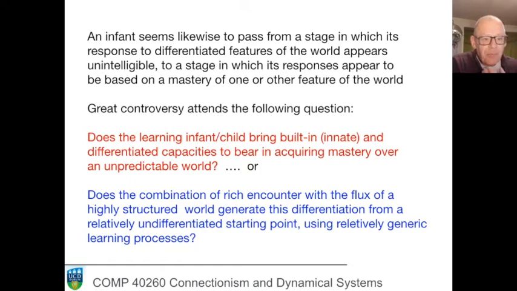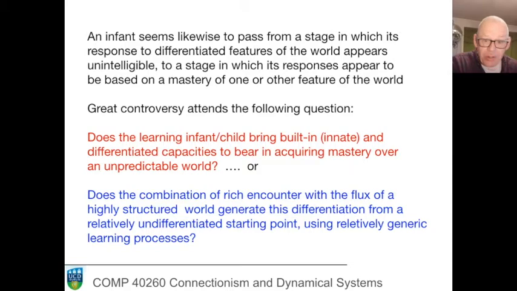Nevertheless, the empiricist counterproposal is that the differentiation that we find and the set of diverse capacities that we find in the developed individual arise crucially through the interaction with a highly differentiated world that itself displays lots of meaningful variation.